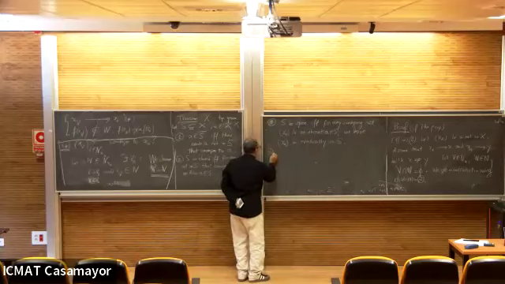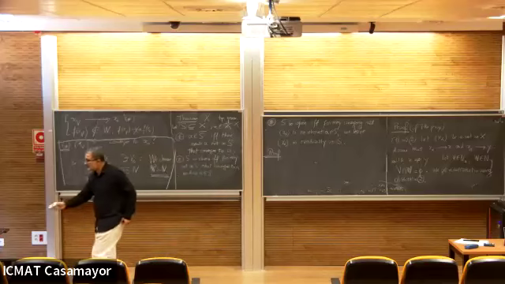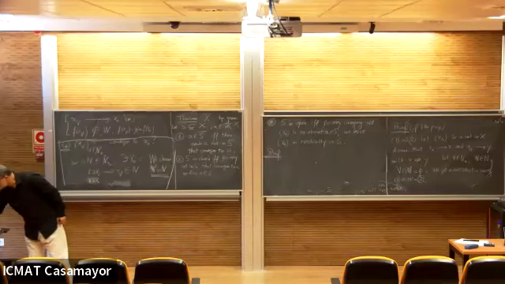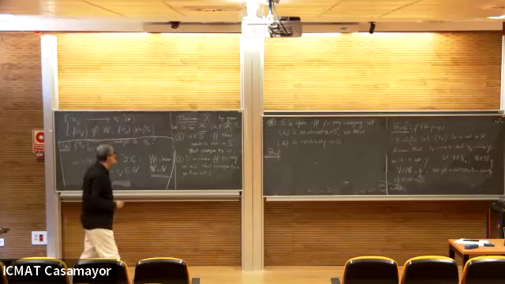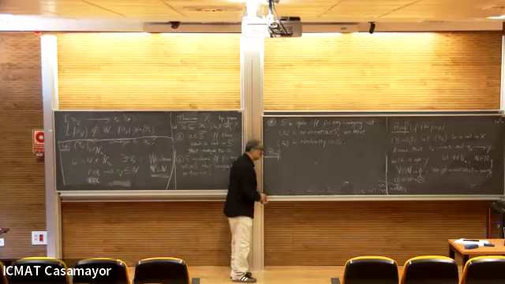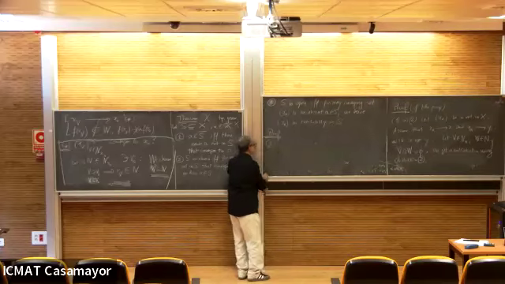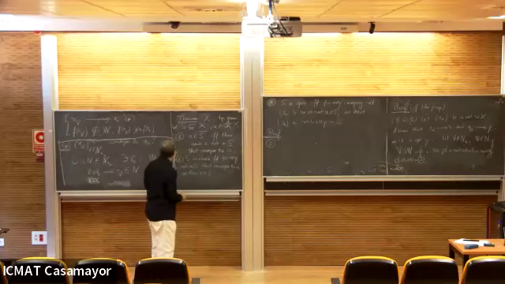I will give the proof. These properties are very similar to what happens in metric spaces or sequences. Okay, assume that A is in the closure.